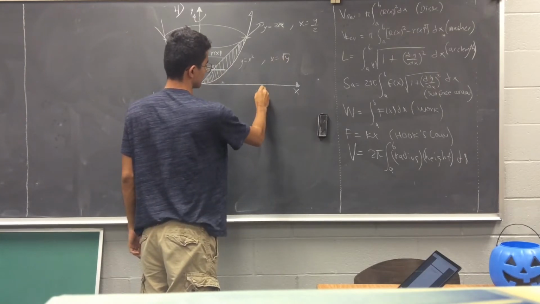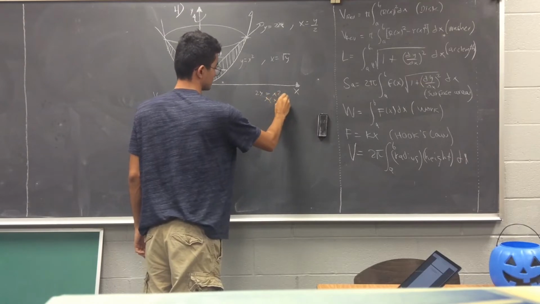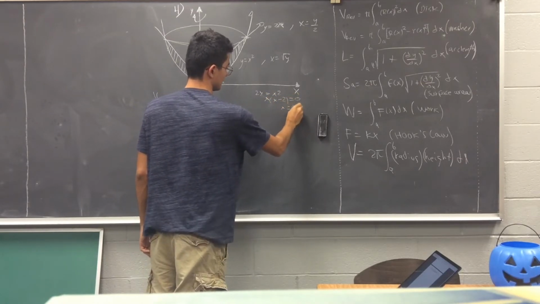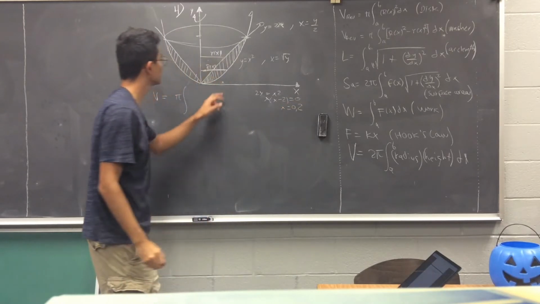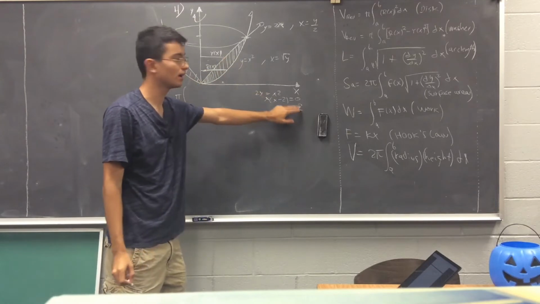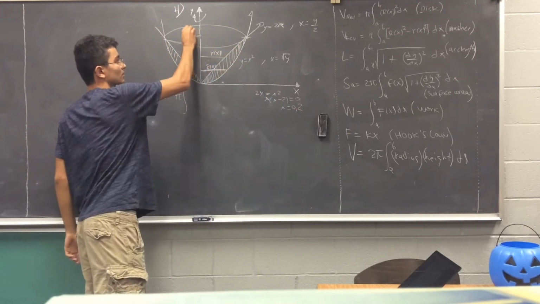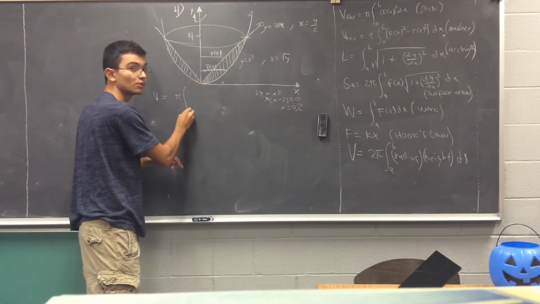So 2x equals x squared, and we have x times x minus 2 equal to 0. So that means the intersections are at 0 and 2. Now when we put 2 into x squared, we get 4. So that's going to be the value of the function. So we're integrating from 0 to 4.